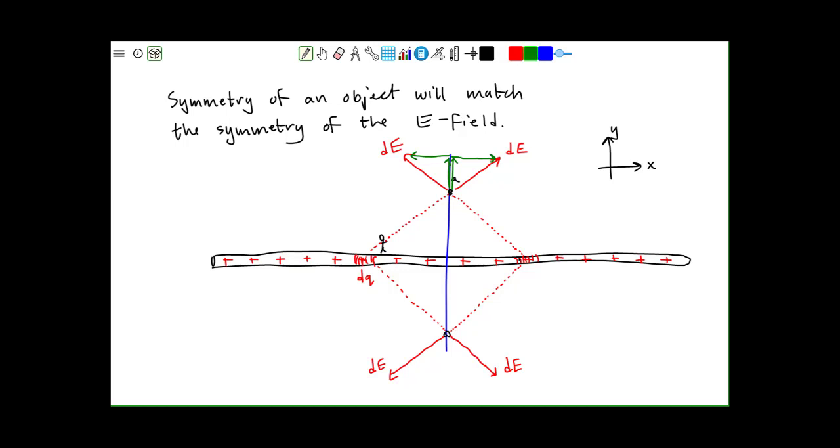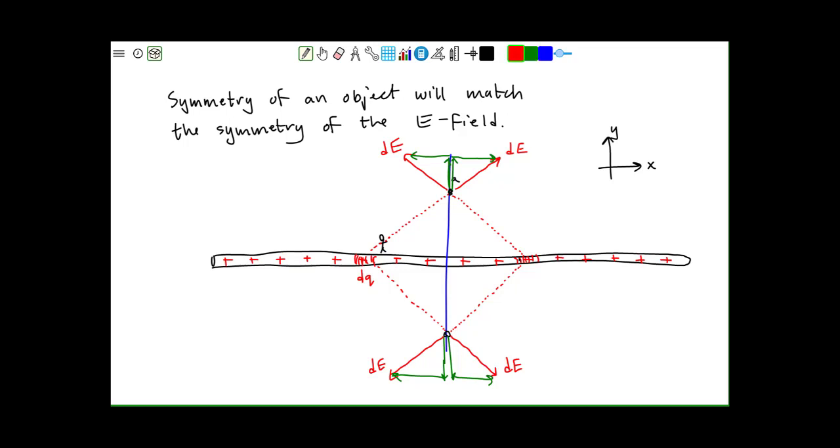Due to symmetry, the x components, again, of these electric fields will cancel, leaving us with only a y component. And in fact, no matter where you go, no matter which axis you choose passing through this very long line of charge, since the charge is so long, the x component of any pair of charges will always cancel.